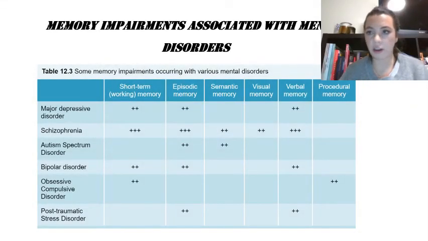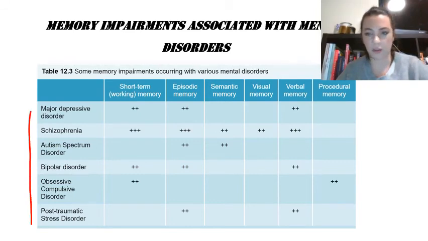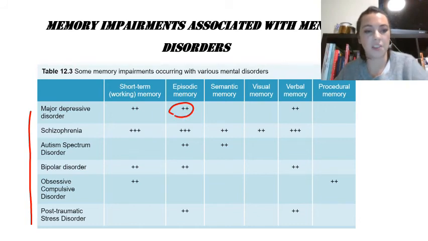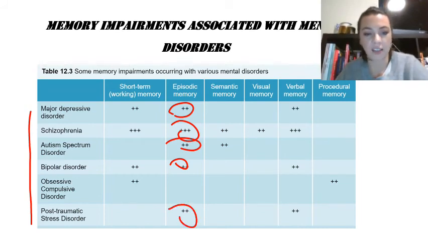So in this little diagram here, we can see, in these disorders down the side, what kinds of memory deficiencies these particular disorders are associated with. So if we're looking at things like episodic memories and a decline, we see that there's less episodic memory in major depressive disorders, in schizophrenia, in autism, in bipolar, and PTSD.